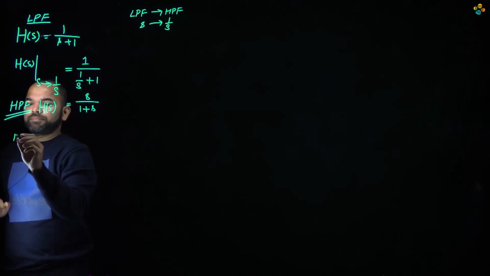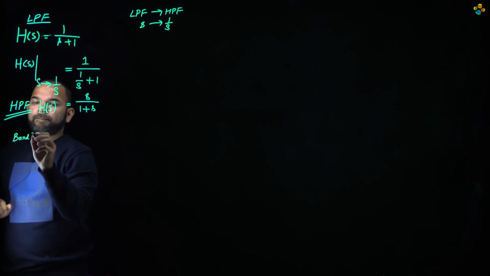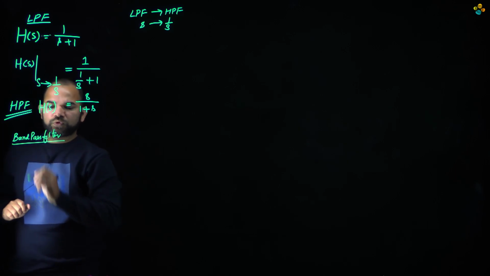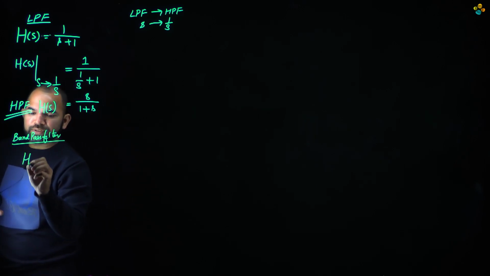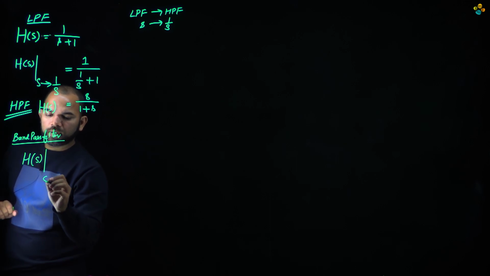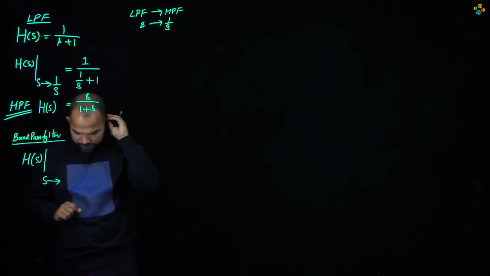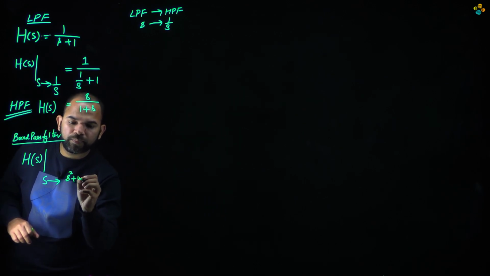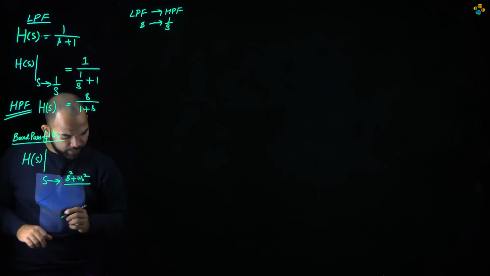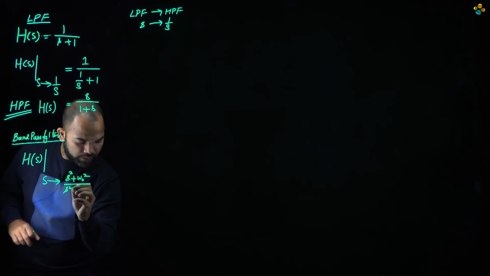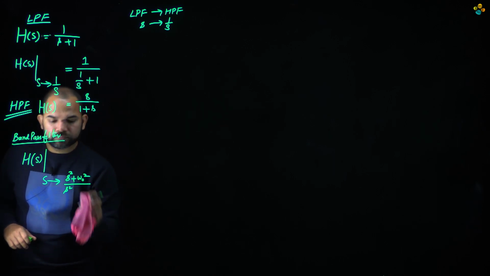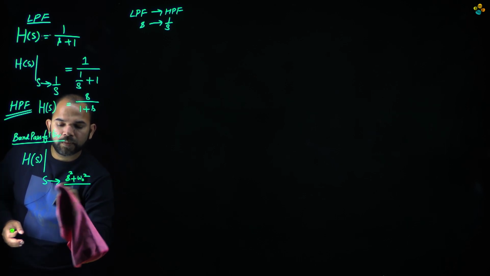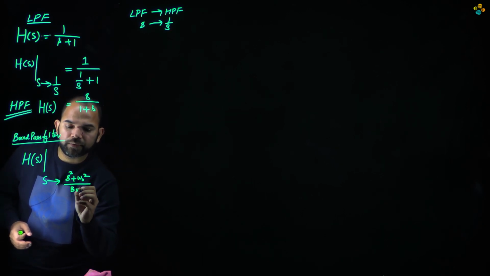Okay, let's see if we want to change the low pass filter to a band pass filter. So what would be the transformation change? If we replace this S by S square plus omega naught square divided by BS.